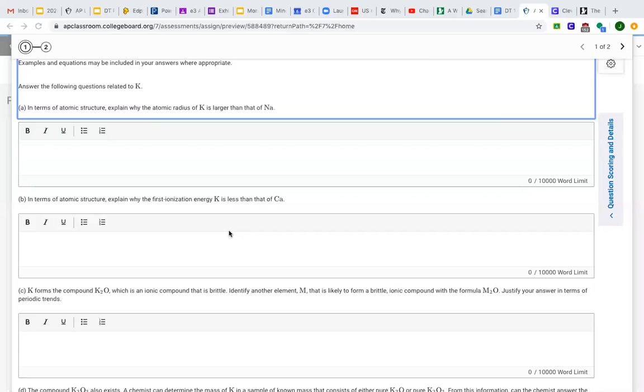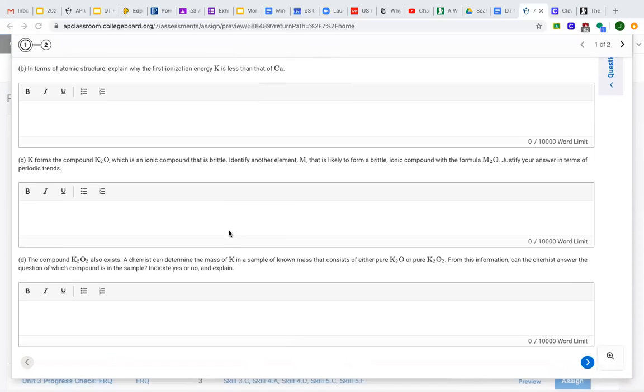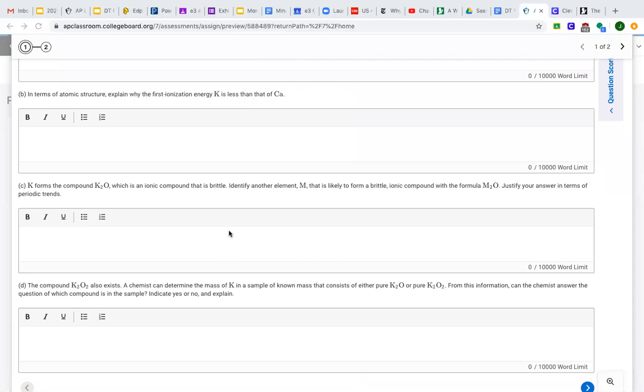Because they're in the same group, right? Elements in the same group tend to behave similarly and form compounds with similar properties. So we should expect that sodium oxide, lithium oxide, rubidium oxide, cesium oxide and francium oxide would also be brittle ionic compounds. Is there any time that those wouldn't be brittle?